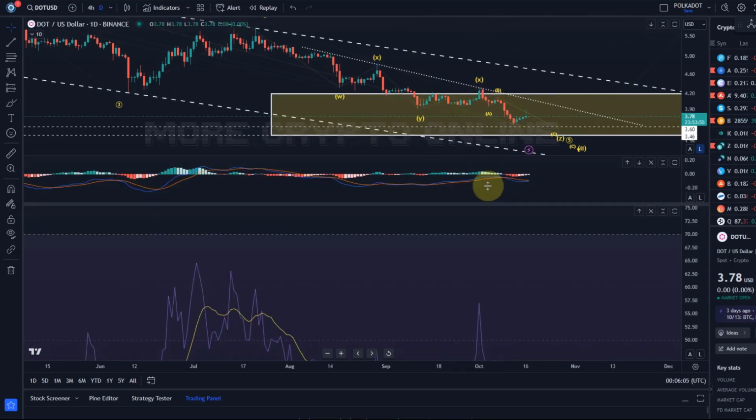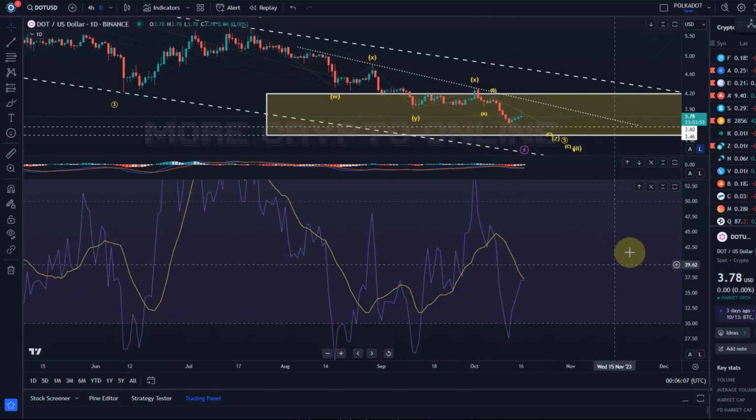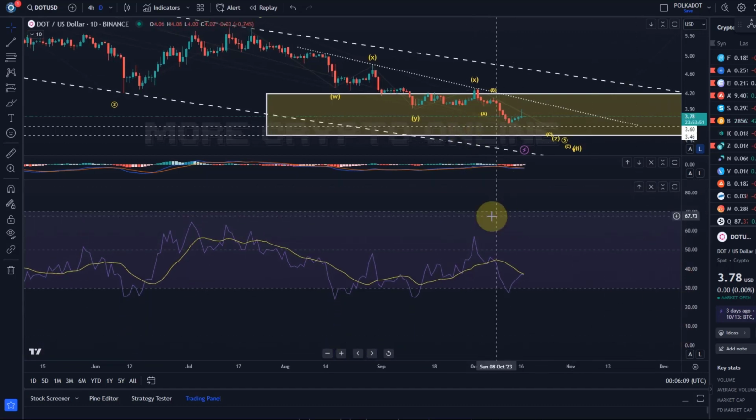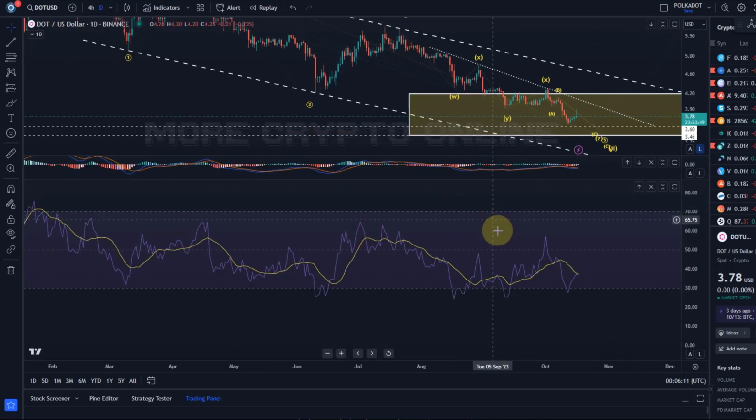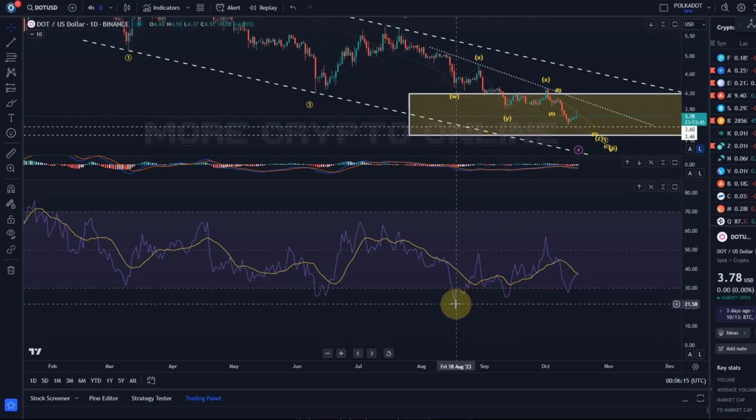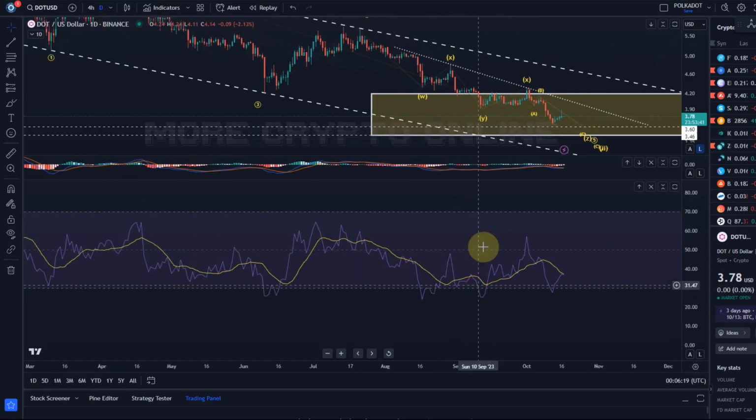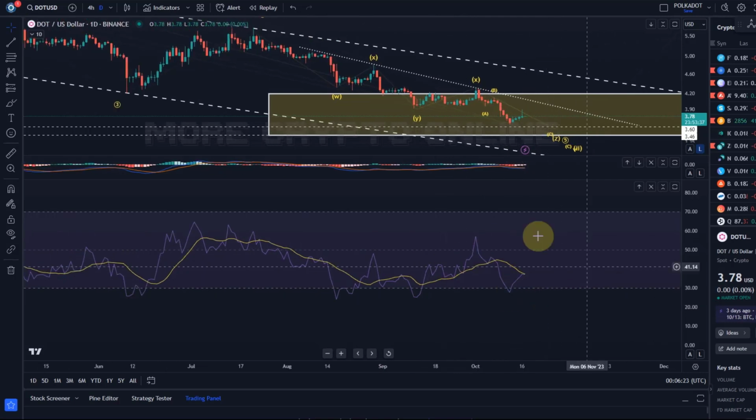So don't overestimate that. Also here, interestingly, on the daily RSI, we have bullish divergences that have kept building since August. So there is something to watch, certainly lower prices, but higher lows on the RSI. However, still in the bearish range and still below the moving average.